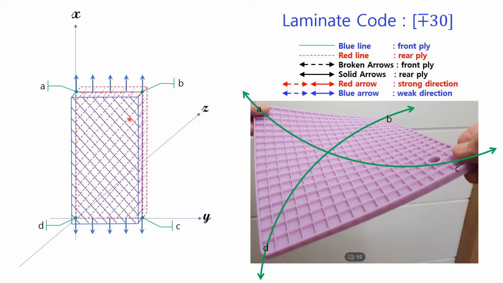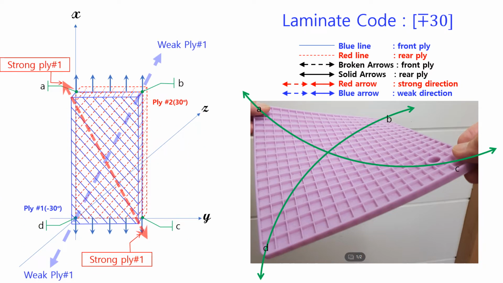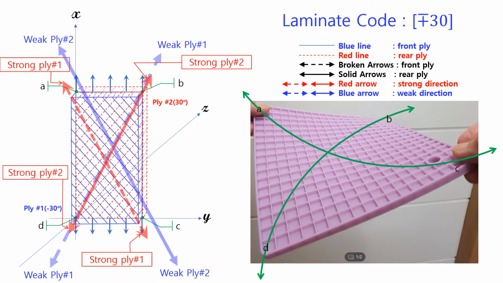This laminate code is minus plus 30 in the direction from D to positive Z axis. Top and the bottom of this laminate will turn in opposite ways under the tension force, so that points A and C are forward on the screen, and points B and D are backwards on the screen because of stiffness difference between two diagonals in the picture.